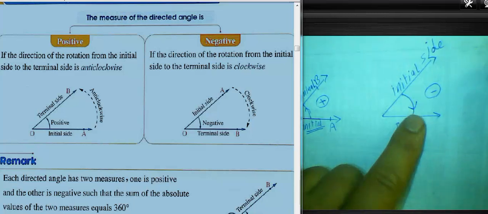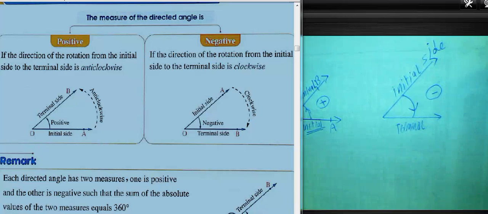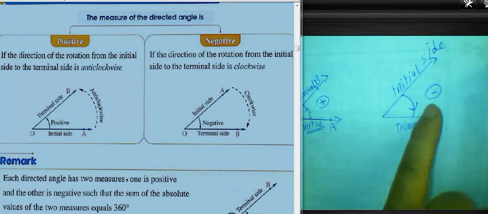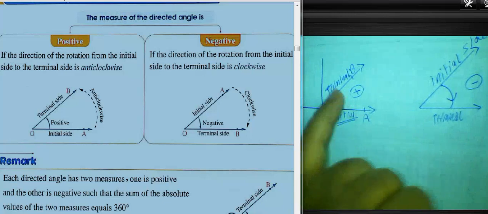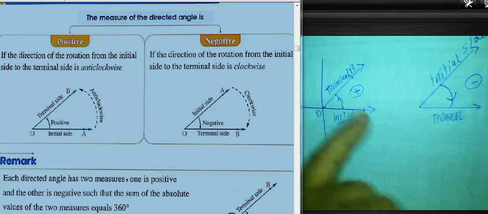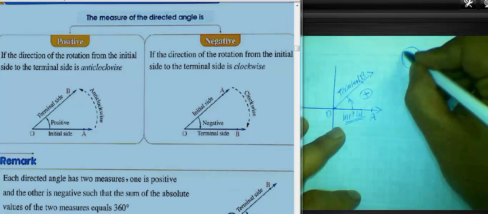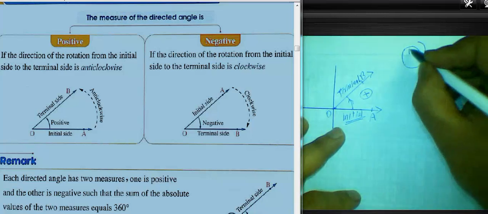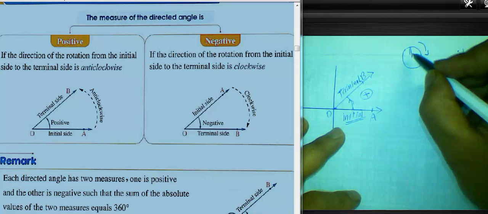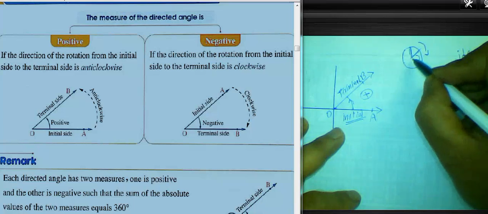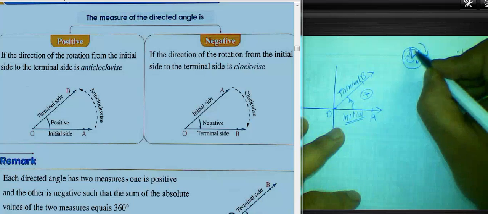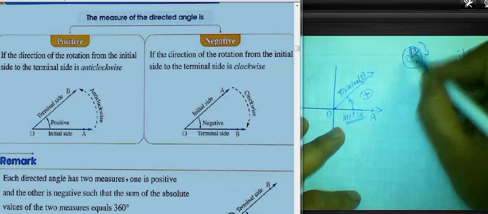The direction clockwise will be negative, but this is anti-clockwise.